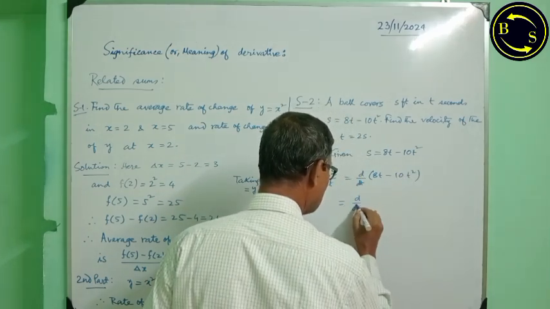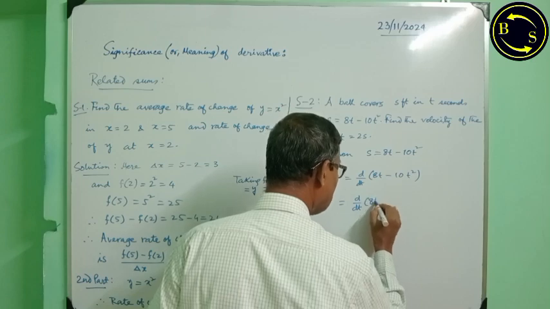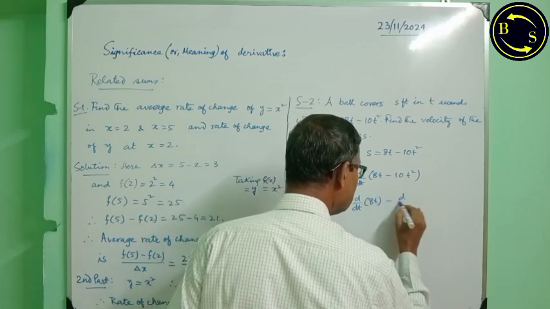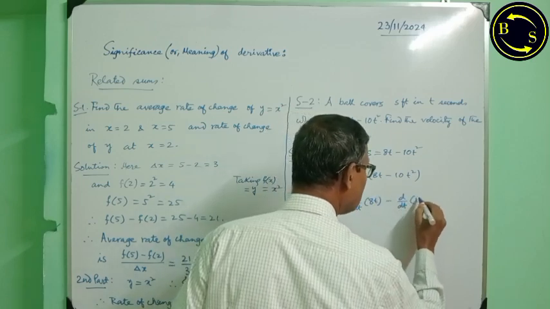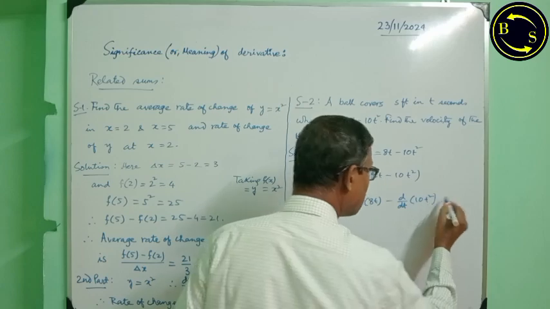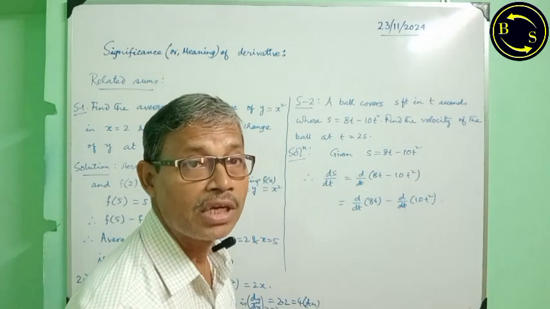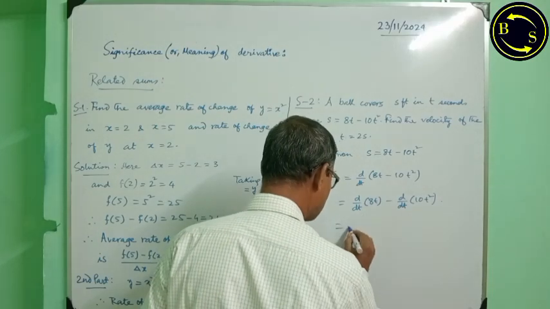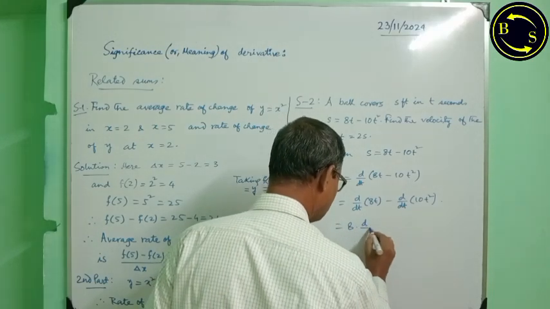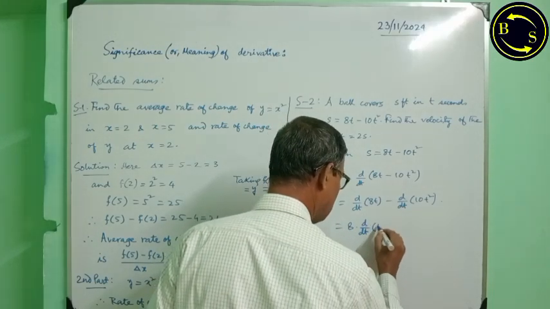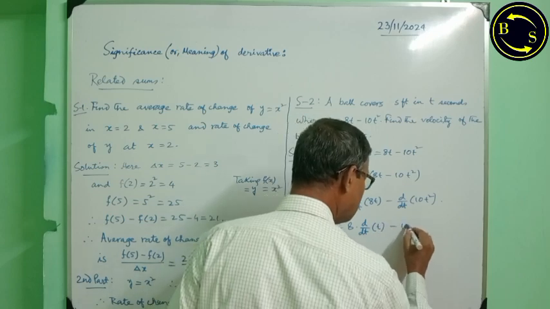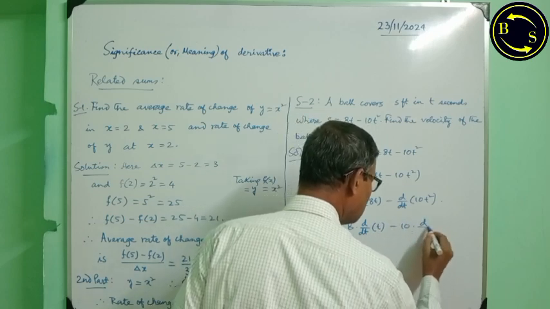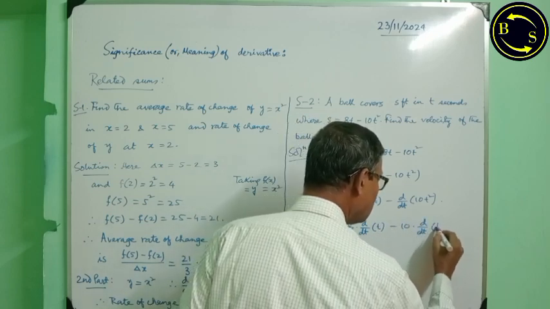d/dt of 8t minus d/dt of 10t square. We have applied the fundamental theorems of derivative. 8 is constant, d/dt of t is 1, and minus 10 is constant, taken outside, d/dt of t square.